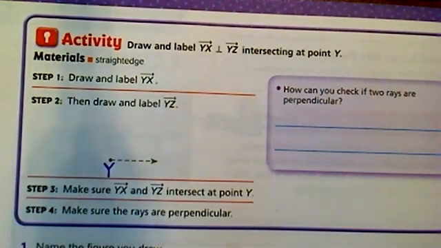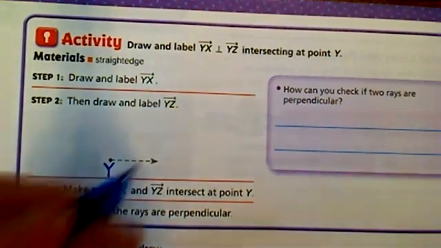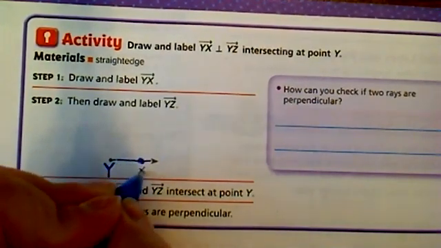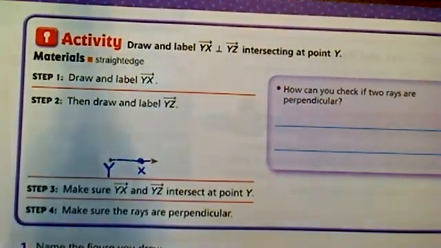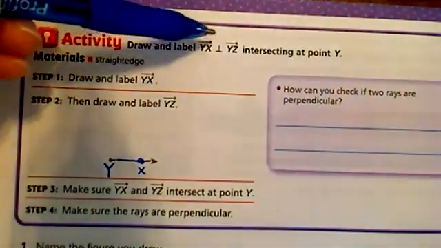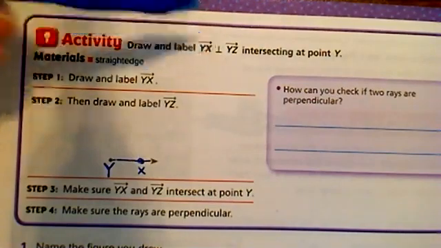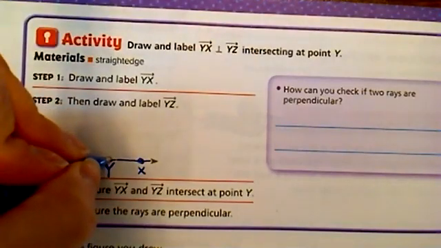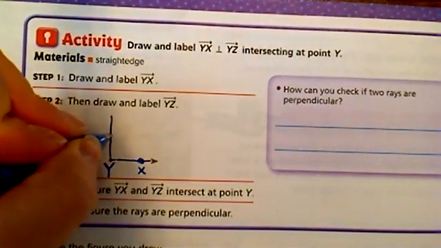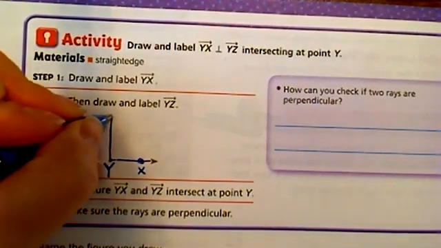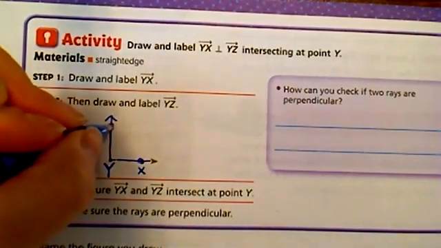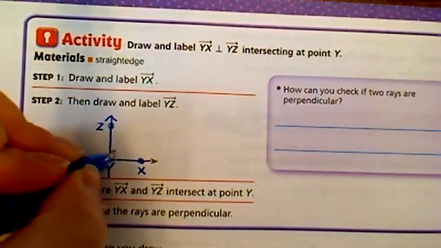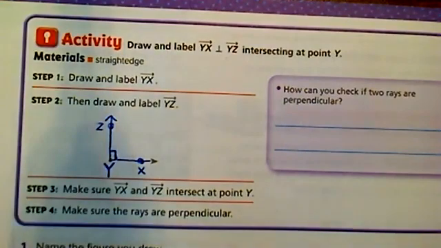So this has to be point Y. And then I'm going to just fill this in and pop off my other point. So there's my ray. Now I know I have to again make it perpendicular to ray YZ. So this has to form, to the best of my ability, a right angle. I'm going to pop off point Z, label it point Z, and I'm actually even going to draw this little box here to indicate that I have formed a right angle.